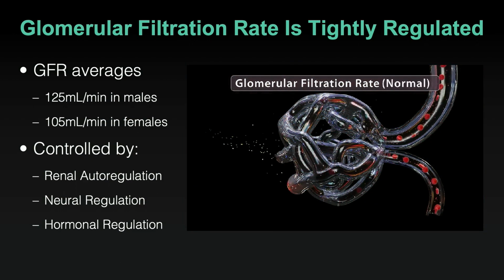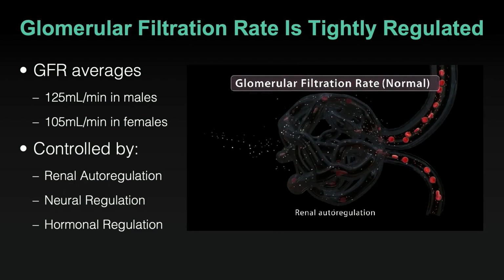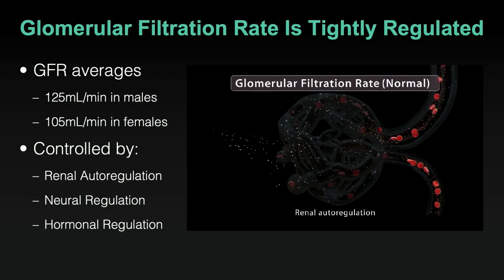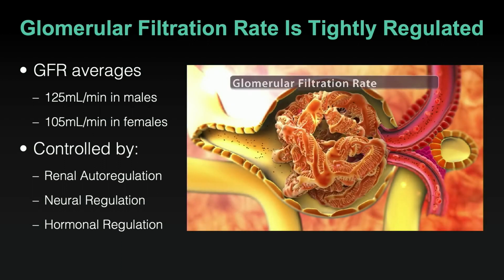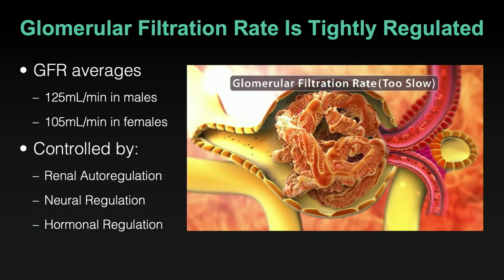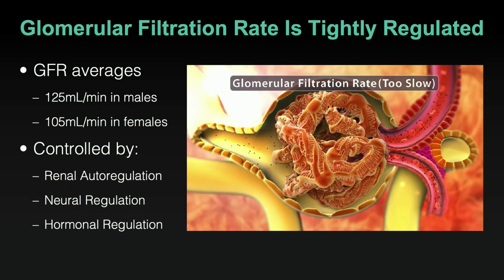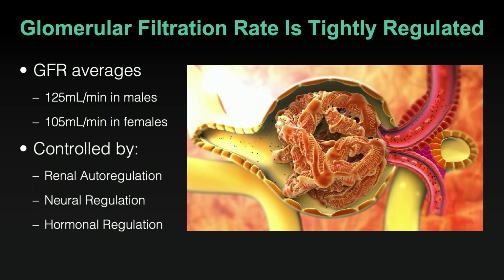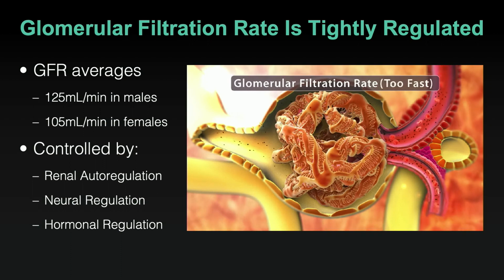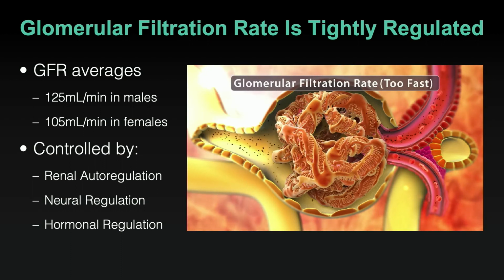GFR is controlled by a process called renal autoregulation and contributes to maintenance of plasma concentration and removal of waste. If the GFR is too slow, too much is reabsorbed and plasma becomes too concentrated. Excessively high GFR doesn't allow time to reabsorb sufficient solutes back into the bloodstream.